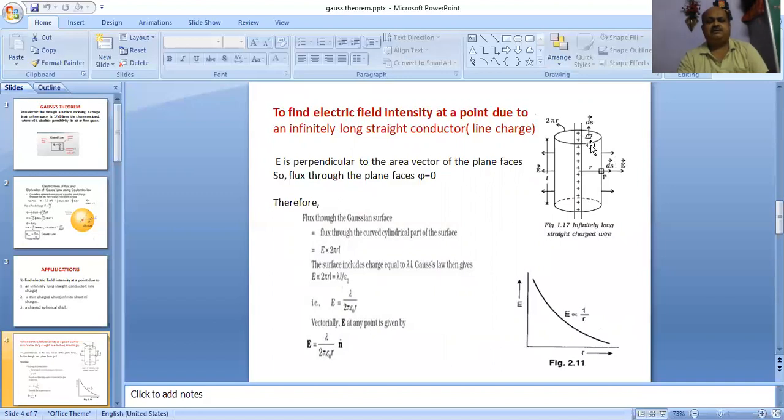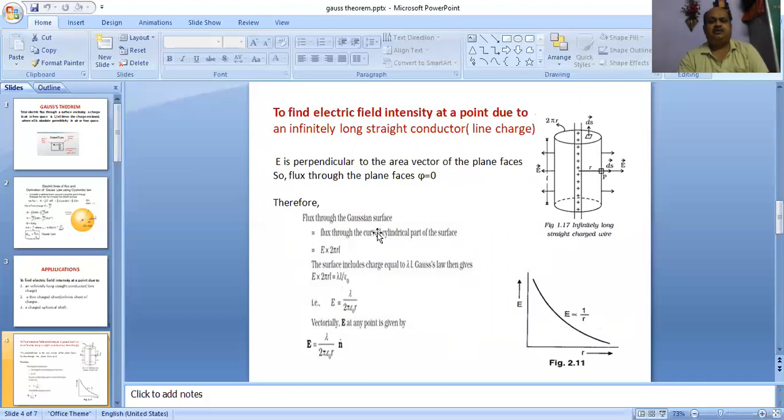So there is no flux along the plane faces of the cylindrical Gaussian surface. Electric flux is passing through the curved surface only. Here I have written E is perpendicular to the area vector of the plane faces. So flux through the plane faces phi equals 0.